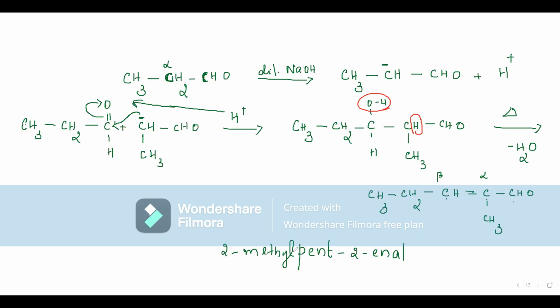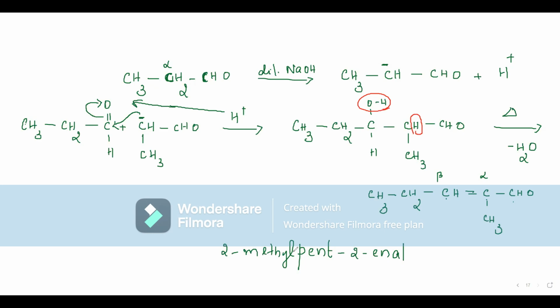Now, if I use one acetaldehyde and one propionaldehyde, it is called crossed aldol condensation. Crossed aldol is when I mix different aldehydes.